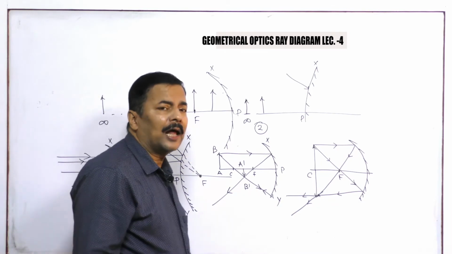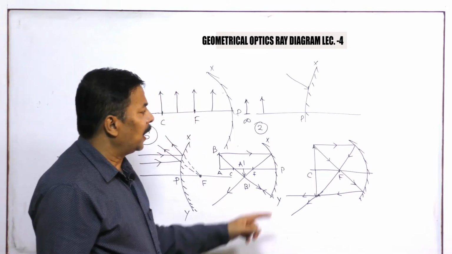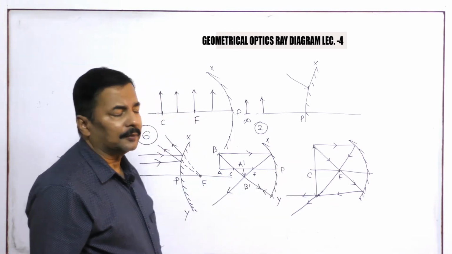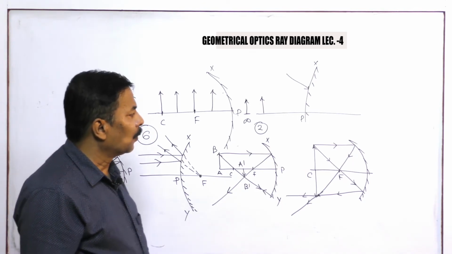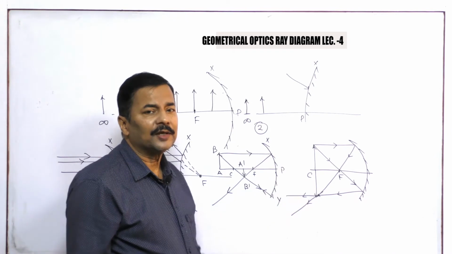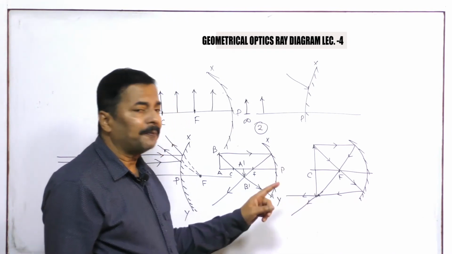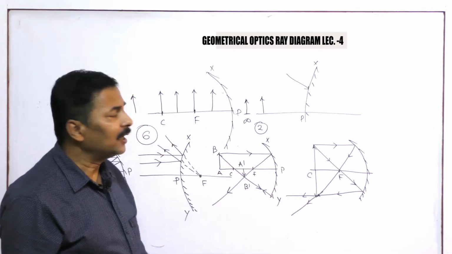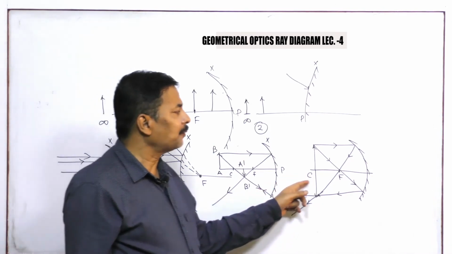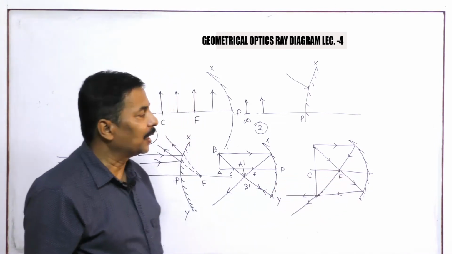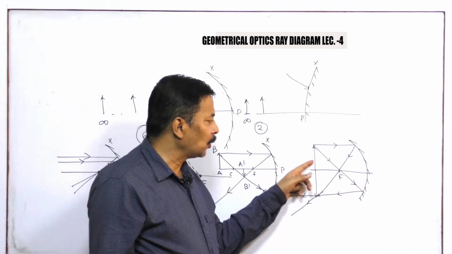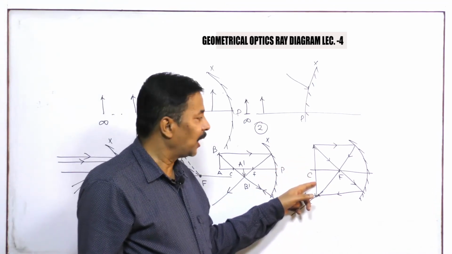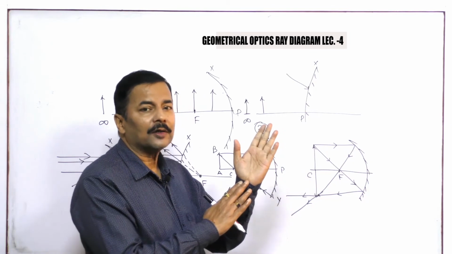What next I would like to tell you, here a very important question comes for your understanding. What is the minimum distance between object and its real image in case of concave mirror, in case of spherical mirror? So object is here also, image is also here, so minimum distance is what? 0.